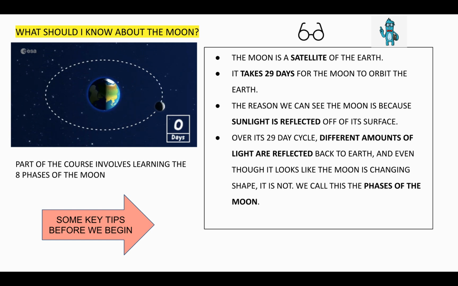And this means that over the 29 days, there are different amounts of light reflected. So the moon appears to be changing shape. It appears to be getting bigger or smaller. But actually, the moon itself never changes shape. It's just the amount of sunlight that it reflects that is different. We call this the phases of the moon.